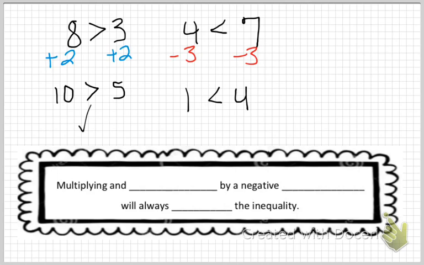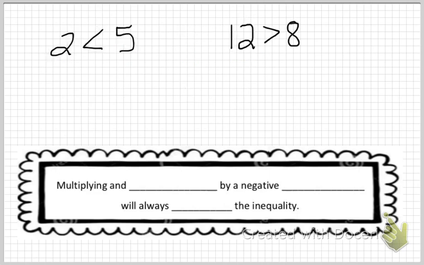It's less. Sometimes we tend to get confused with the less than and greater than. The one that looks like a lazy L, that's your less than symbol. So 1 is still less than 4. So we can say that no matter what you subtract from both sides, but it has to be the same amount, this statement is still going to be true, always.